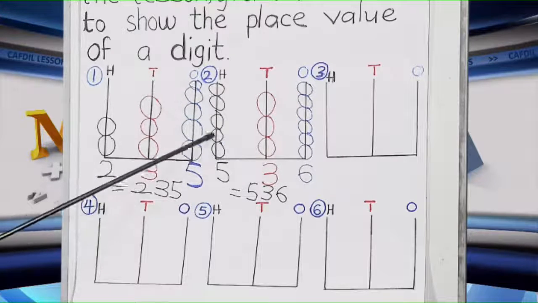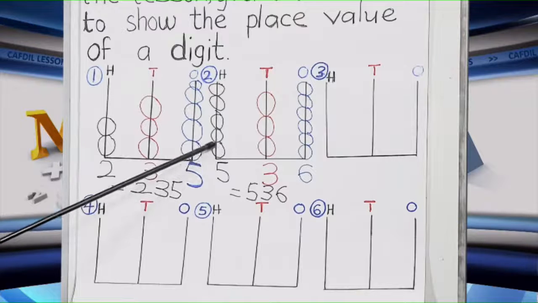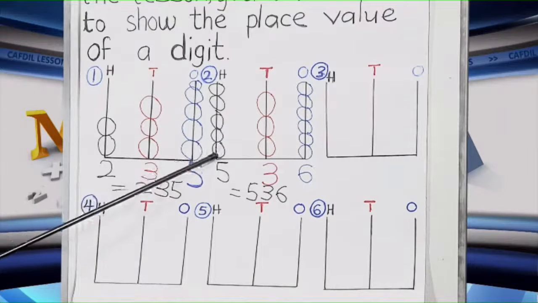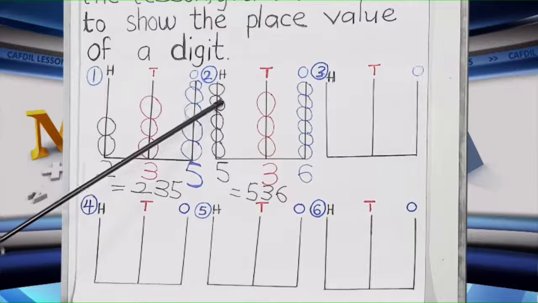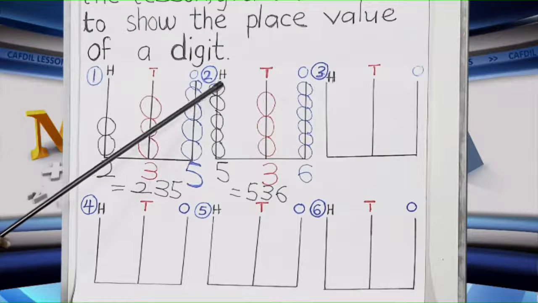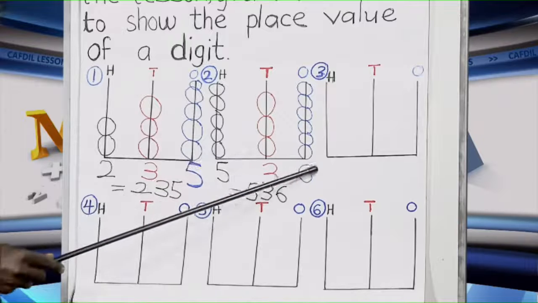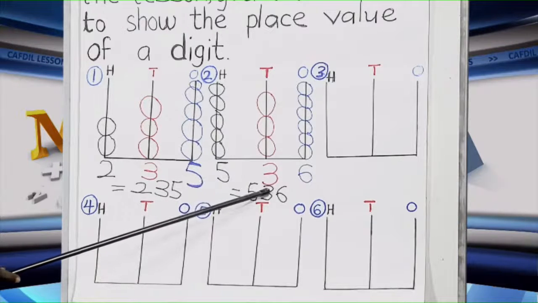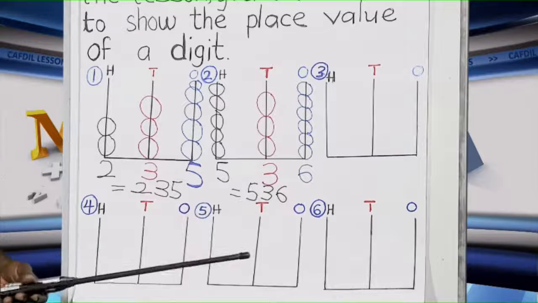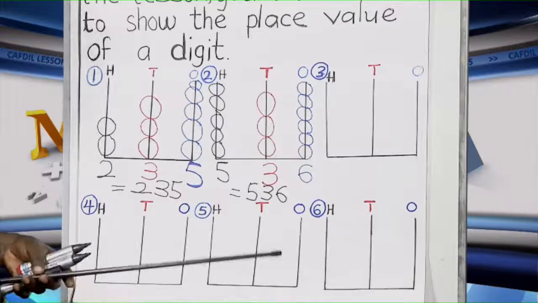When we come to the hundreds column, we have 100, 200, 300, 400, 500. So in all, we shall have 536.